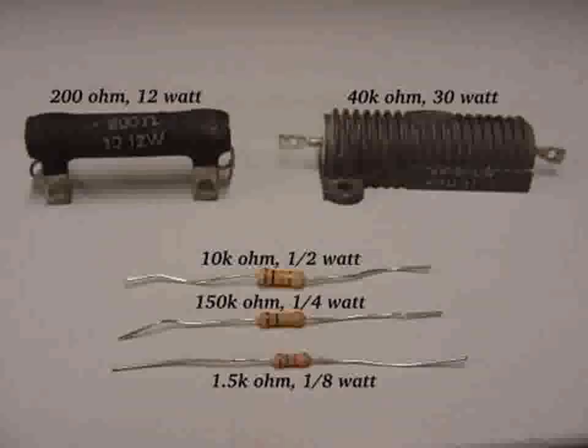At the bottom there are another three resistances. 10 kilo ohm, if 1 kilo ohm is equal to 1000 ohm, therefore 10 kilo ohm is equal to 10 multiplied by 1000 ohm, 1 by 2 watt. Next is 150 kilo ohm, 1 by 4 watt, and 1.5 kilo ohm, 1 by 8 watt.